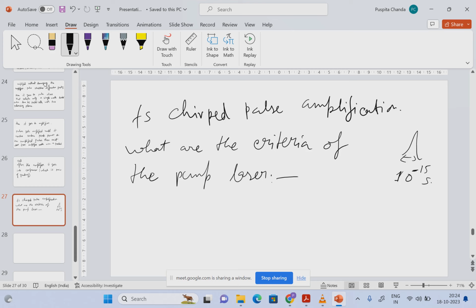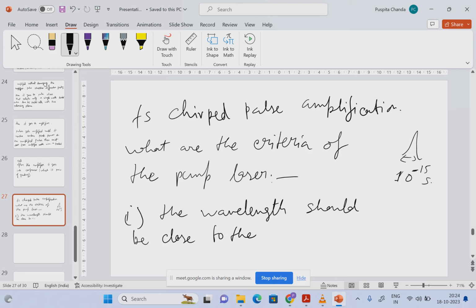First, the wavelength should be close to the absorption maximum of the gain medium.